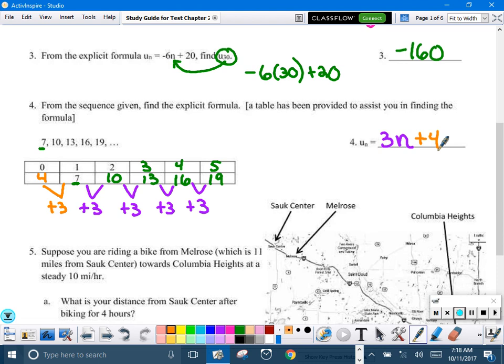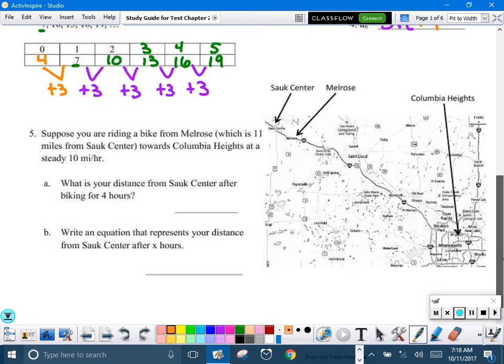All right, the next problem, we really didn't see something like this, but it's all connected to everything we've been learning. Suppose you are riding a bike from Melrose. Okay, Melrose is right there in orange, which is 11 miles from Sauk Centre. Okay, so Sauk Centre is right here.